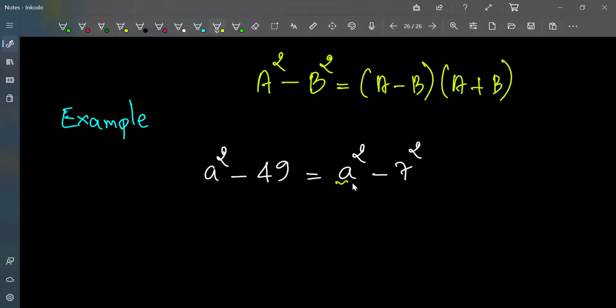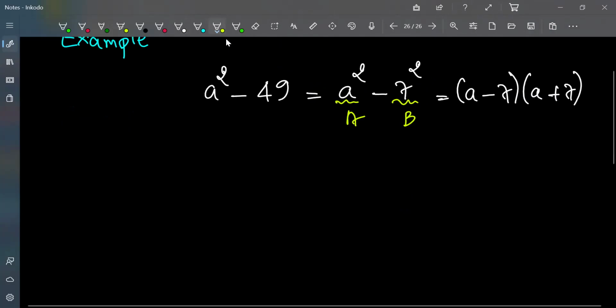Then this is A and this is B. So we can write this as A minus 7 multiplied by A plus 7.